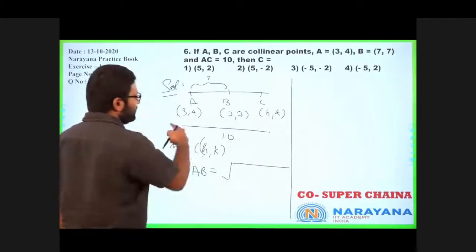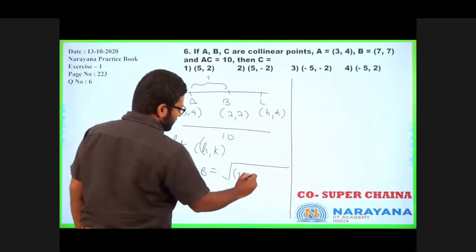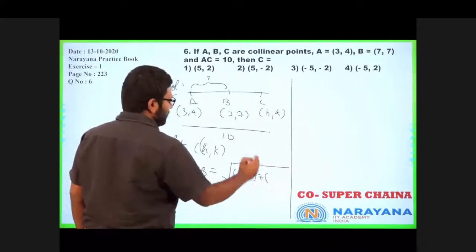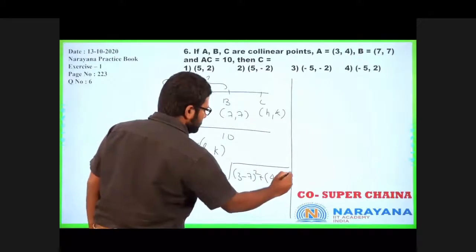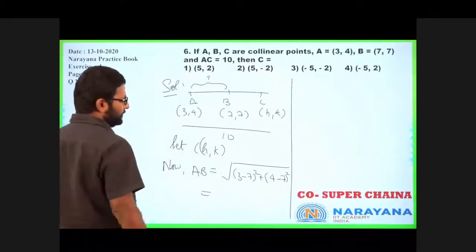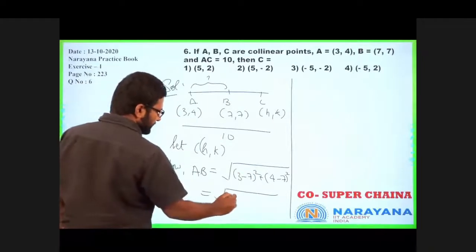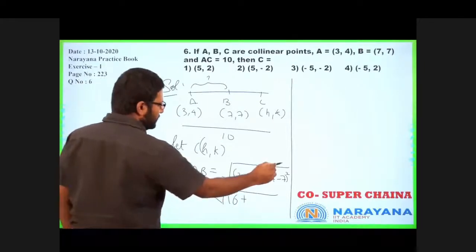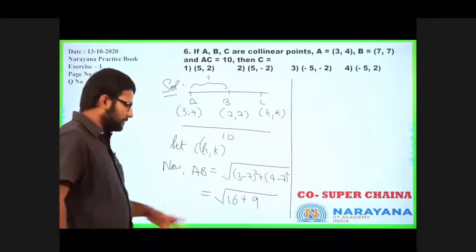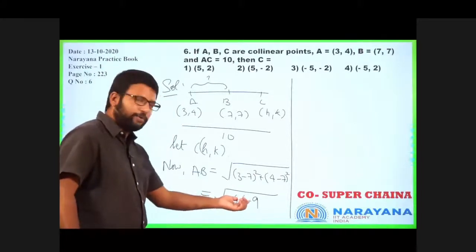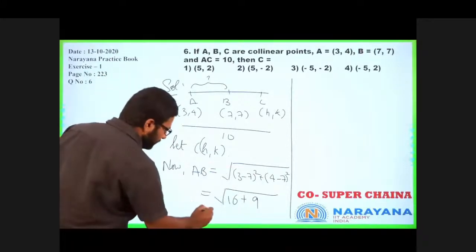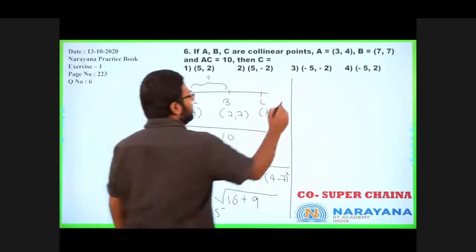Under root (3 minus 7) the whole square plus (4 minus 7) the whole square, right? So that is under root, this is minus 4 the whole square, which is 16, and minus 3 the whole square, which is 9. And we know Pythagorean triplets, 16 plus 9, 25, under root 25 is 5, right?